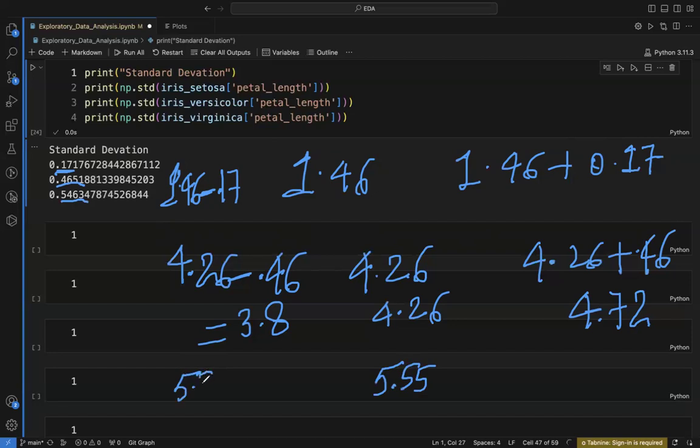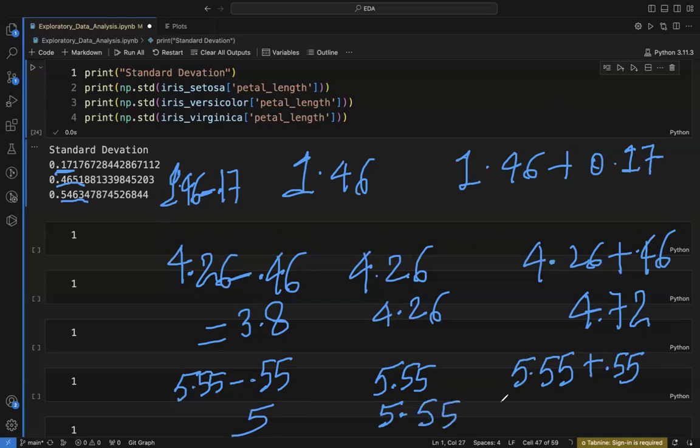So 0.55 gets subtracted here, and 5.55 plus 0.55 gets added here. This will come out to be 5, the middle is 5.55, and this will come out to be 6.1. So this is how my intervals are, right?